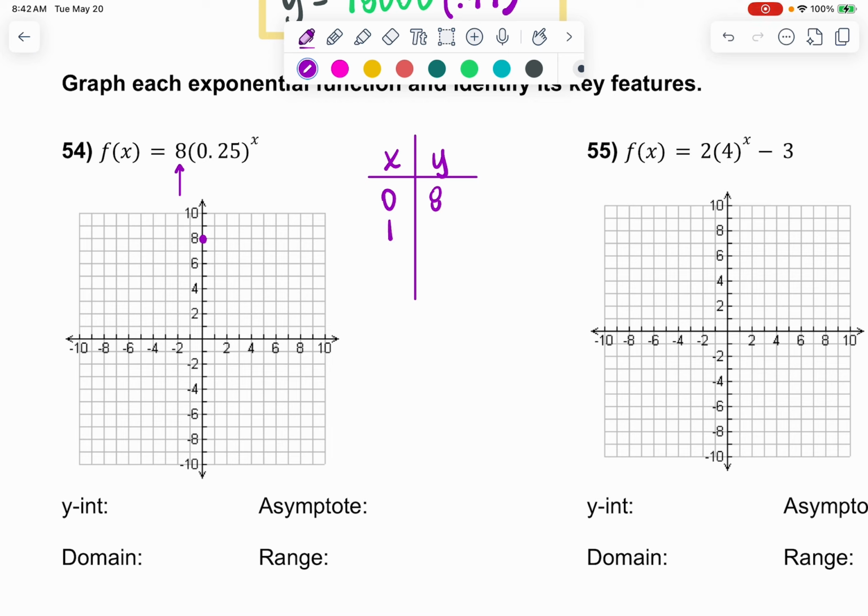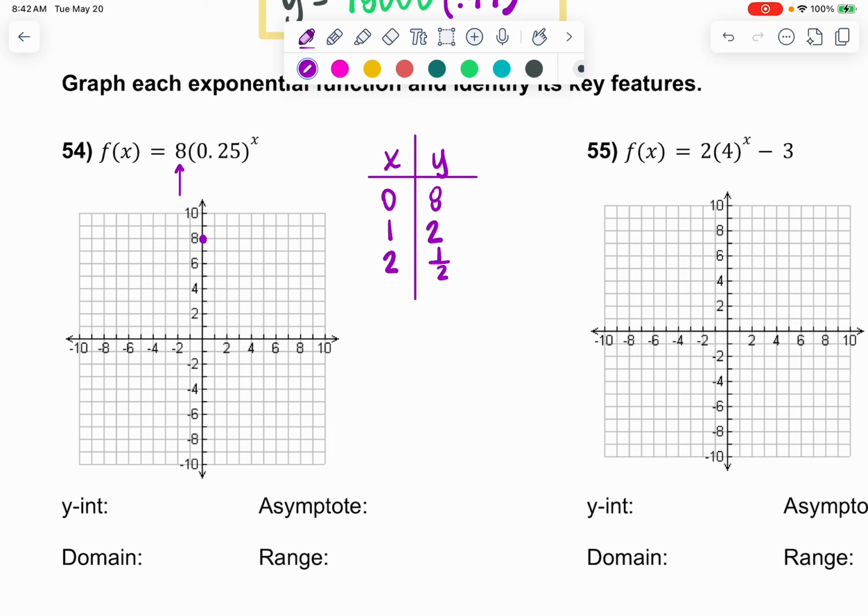If I put in a 1, well, remember, these are my x values, so I'm putting them up here. So 0.25 to the first power is just 0.25 times 8, which gives me 2. And then if I put in a 2, so 0.25 squared, and multiply that times 8, we get a half.